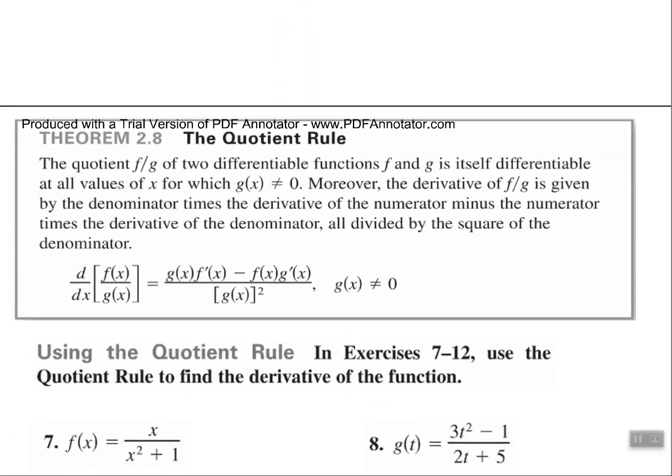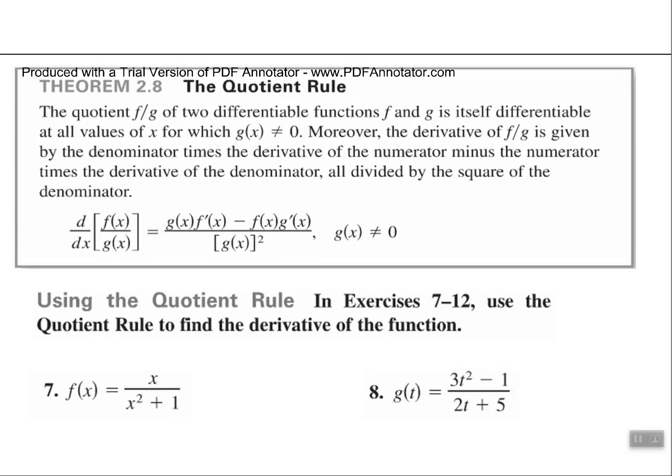Alright, the quotient rule. The quotient rule, same thing. If the function is differentiable, then the quotient is differentiable where g of x cannot be equal to 0. So we'll use this formula here, and we use a little saying: low D high minus high D low all over low low, which means low being your denominator and high being your numerator.